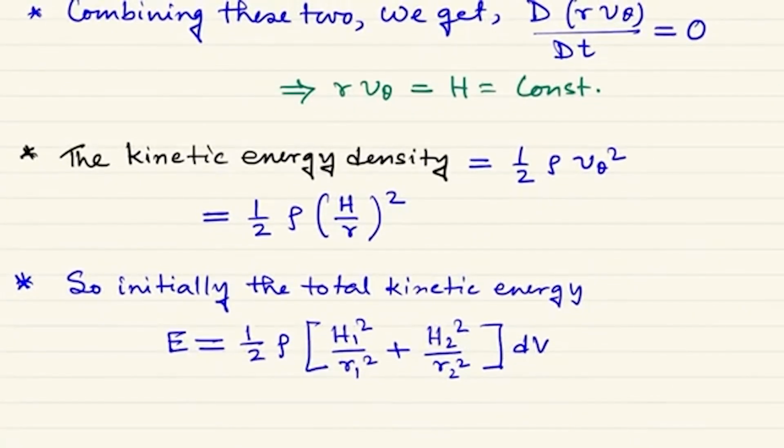It is half rho times h1 square by r1 square times their volume dV, plus half rho times h2 square by r2 square times dV. They don't have any other force due to potential or body force, that is neglected here. So the only energy is the kinetic energy.